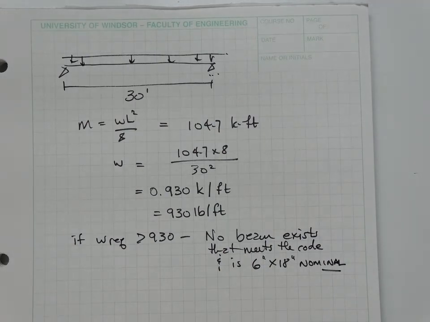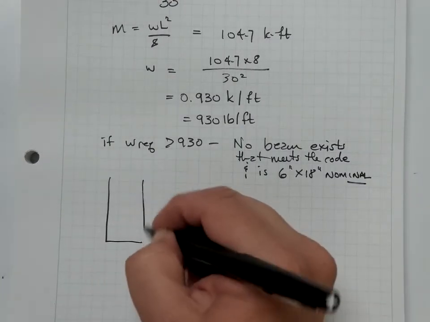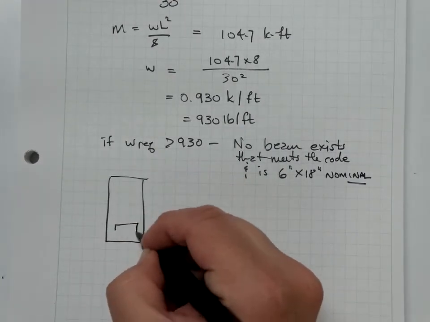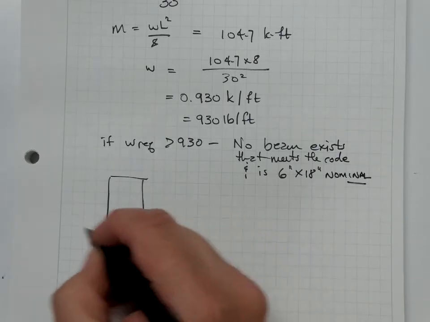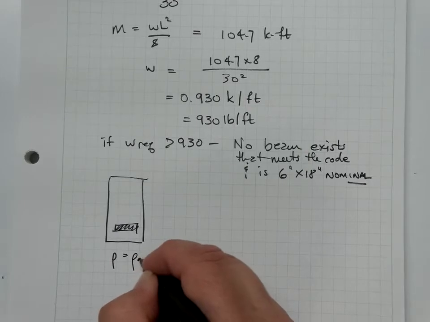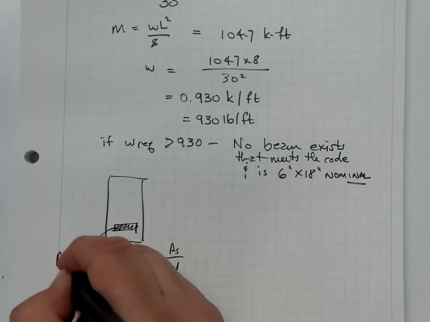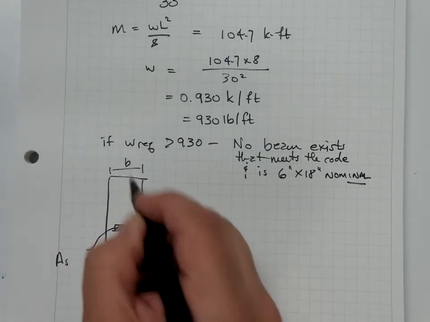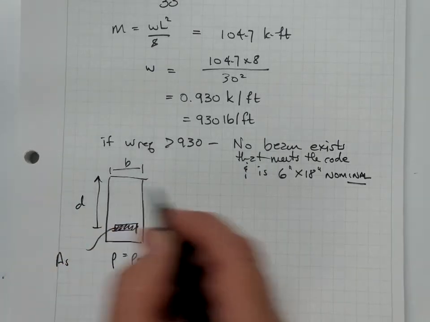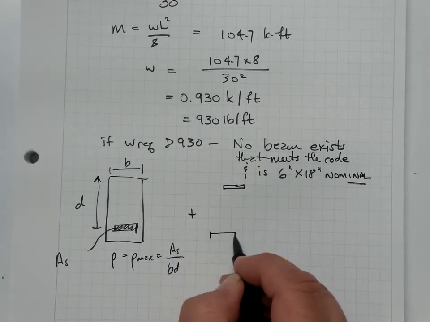I'm going to take 2 beams. I'm going to take this beam that I just analyzed here, where this has a reinforcement ratio rho max, A_s over b d. This is A_s, this is b, this is d, and I'm going to add to that this beam here.